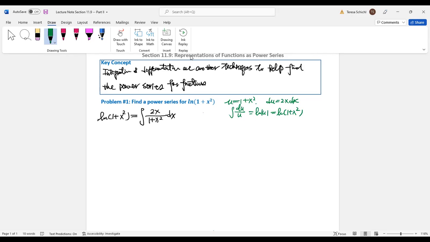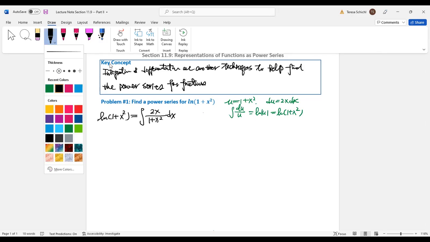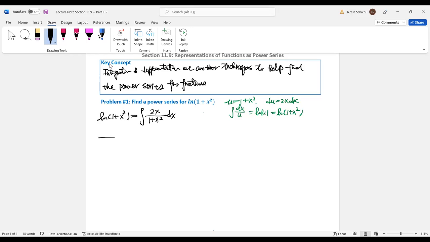Now the next thing is, how do I integrate 2x over 1 plus x squared? First, let's take a look at 1 plus x squared.